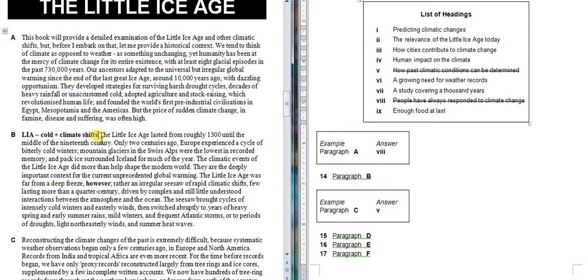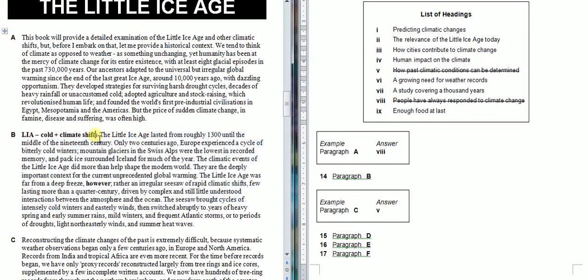What is the Little Ice Age? Let's see, predicting climate changes? No. The relevance of the Little Ice Age today? No, maybe. It doesn't really match our summary, though. How cities contribute to climate change? No. Human impact on the climate?